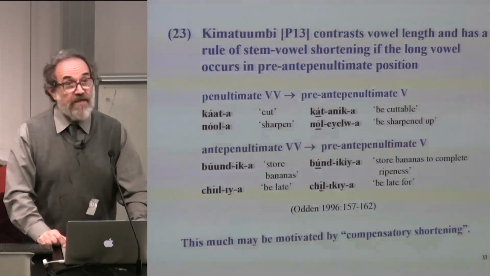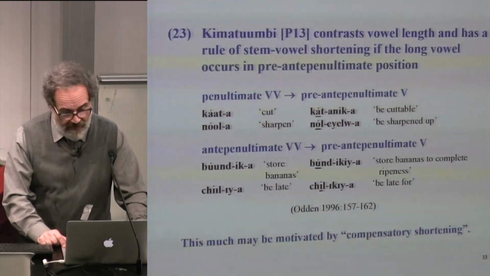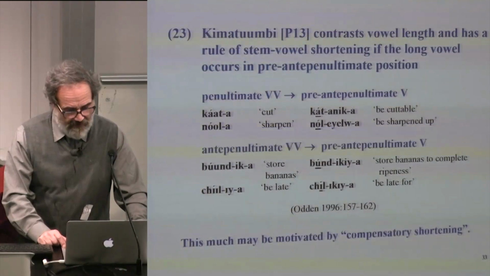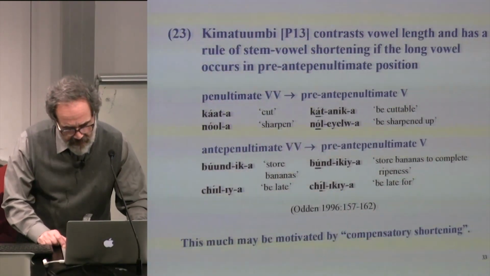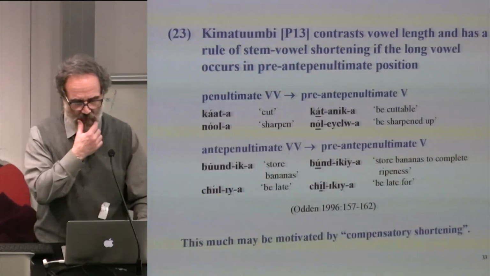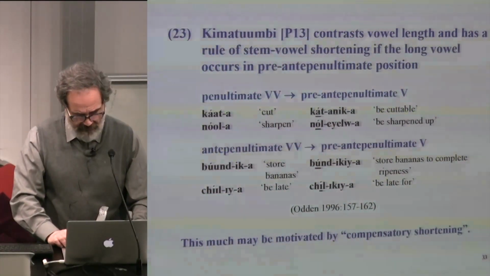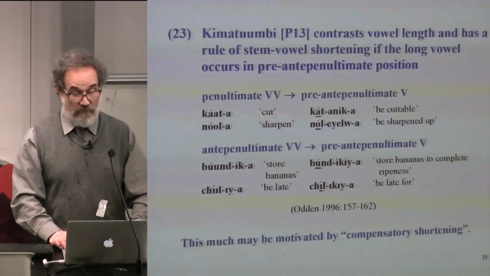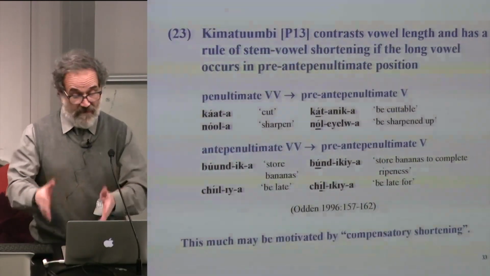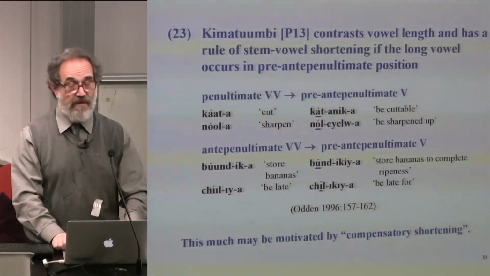Okay, the second set of examples show an anti-penultimate long vowel, that's okay, buundika, becoming butikia, and chilia becoming chilikia. Okay, so again, that's pretty familiar from the Lunda examples I showed you. This much can be accounted for by compensatory shortening. We add more syllables, and finally the root shortens because it's so far away from the end.